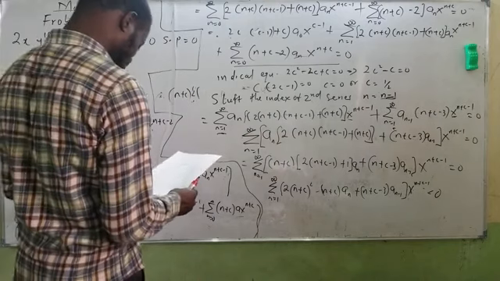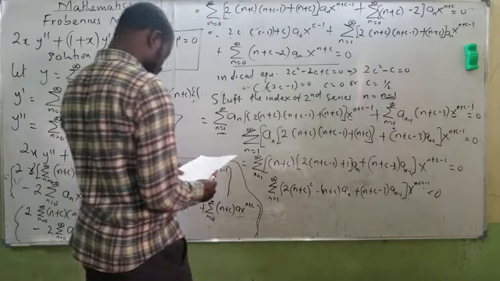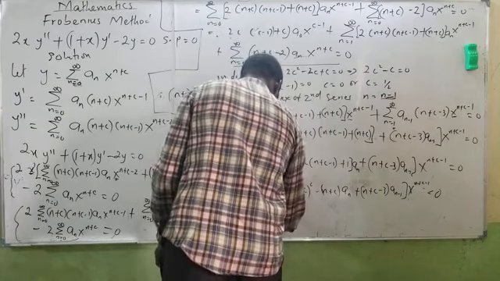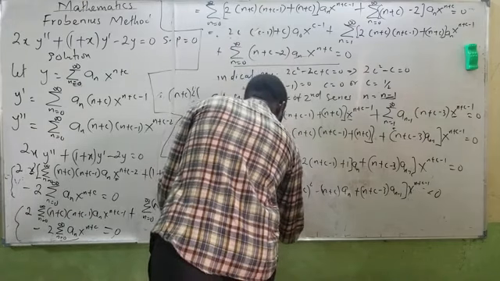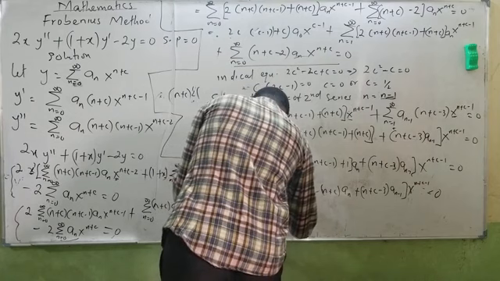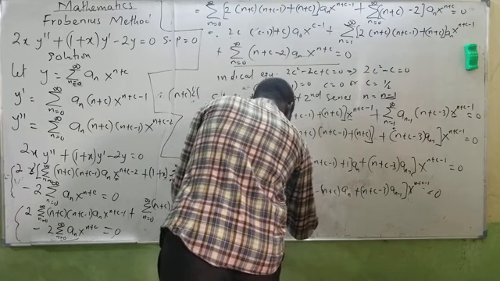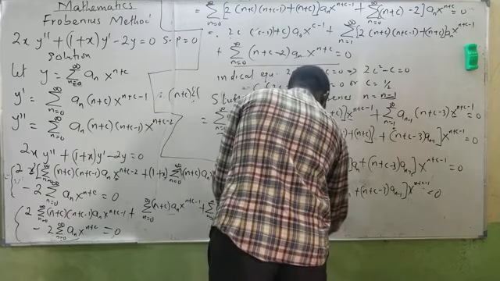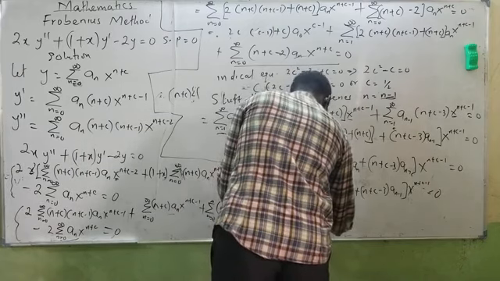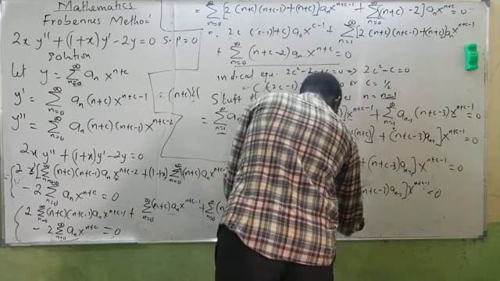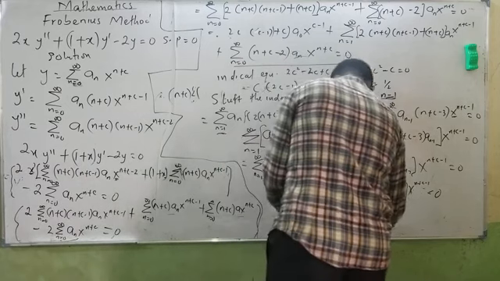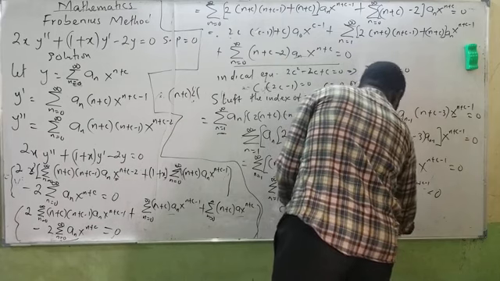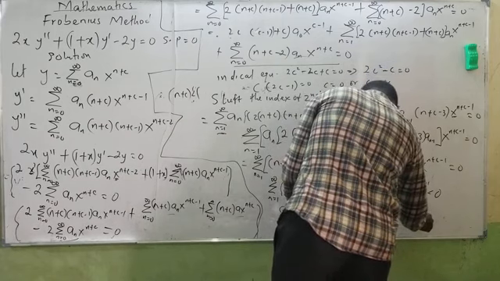Now, since I have that, I can now say that my a of n, bracket of a of n plus c, and n to n plus 2c minus 1 plus n plus c minus 3 of a of n minus 1, will be equals to 0.